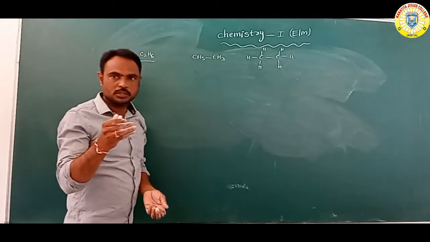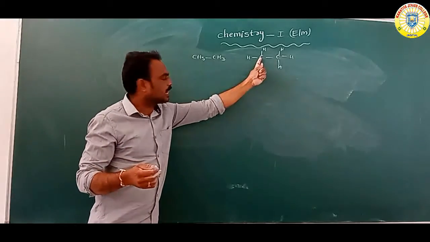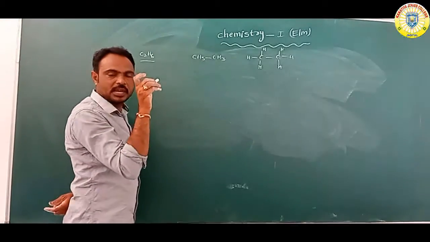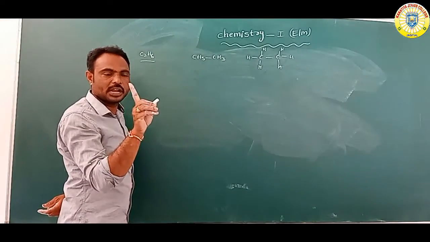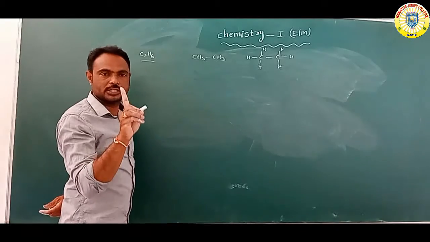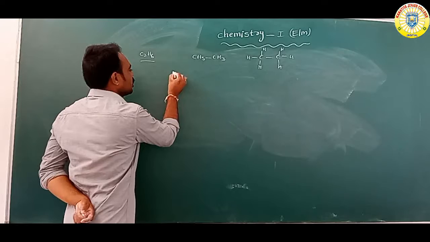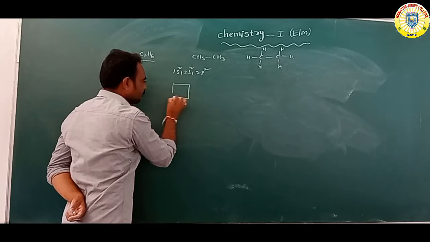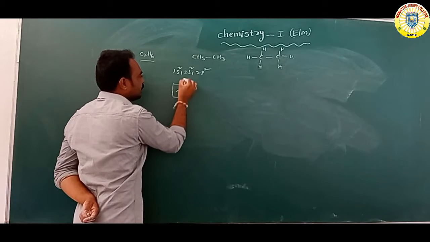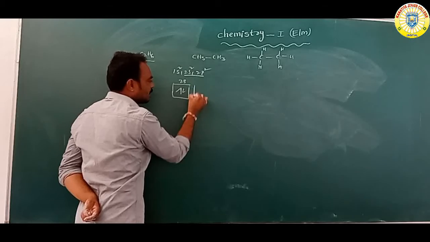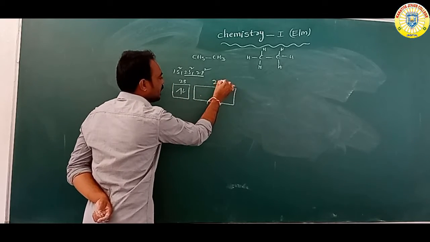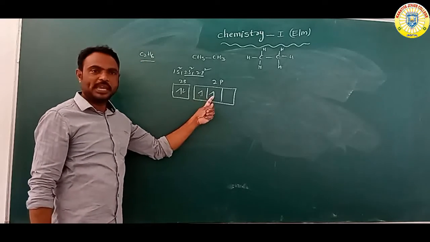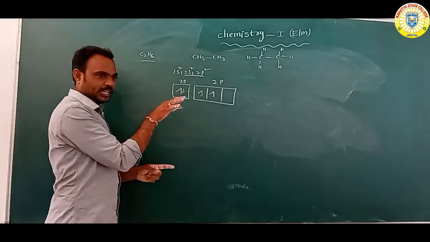Suppose we take one carbon. We already know the atomic number is 6. What is the electronic configuration? 1s2, 2s2, 2p2. In the outer shell, the 2s orbital has 2 electrons and the 2p orbitals have 1 each, 2px1 and 2py1. This is called the ground state.